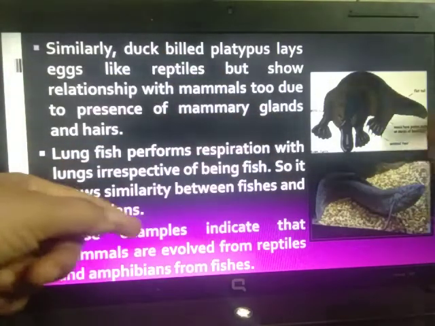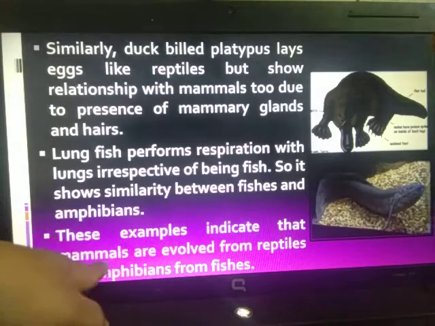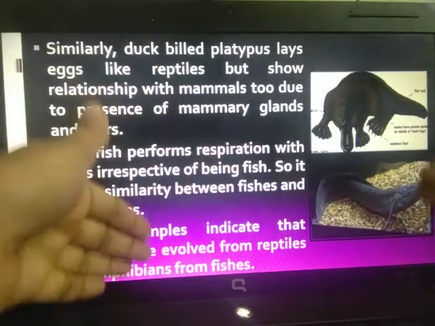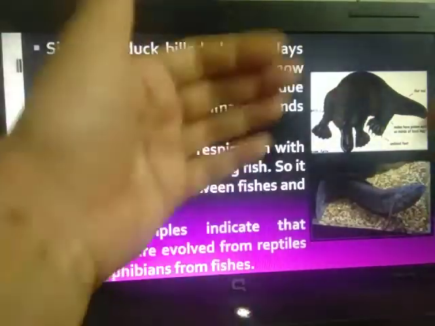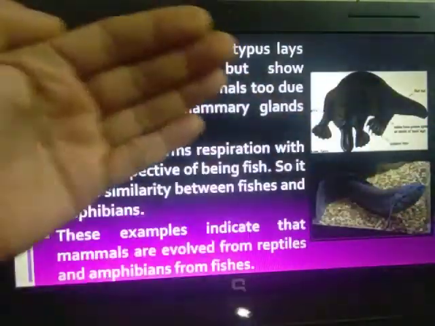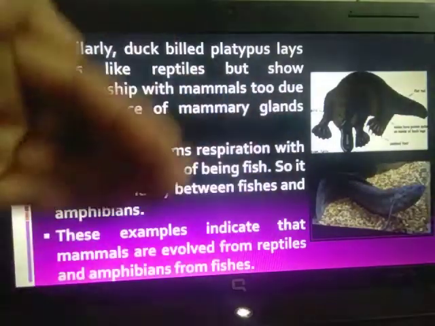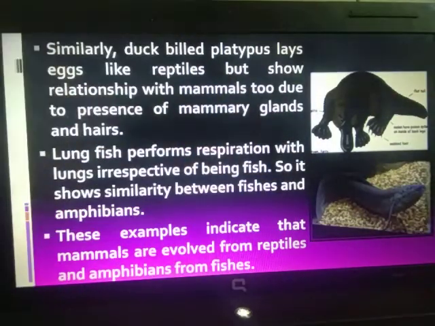So we can say together that the mammals have evolved from reptiles and amphibians have evolved from fishes, because fishes are of a lower group, amphibians are a little higher, whereas in the case of reptiles and mammals, reptiles are at a lower level and mammals are at a higher level. So this is regarding the connecting link.